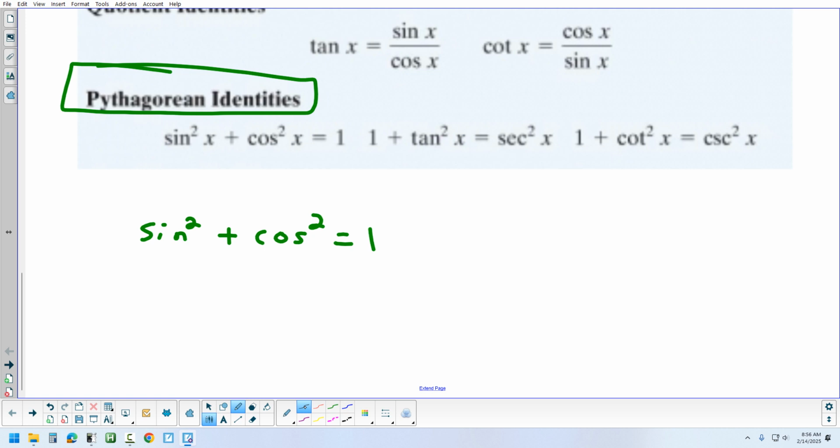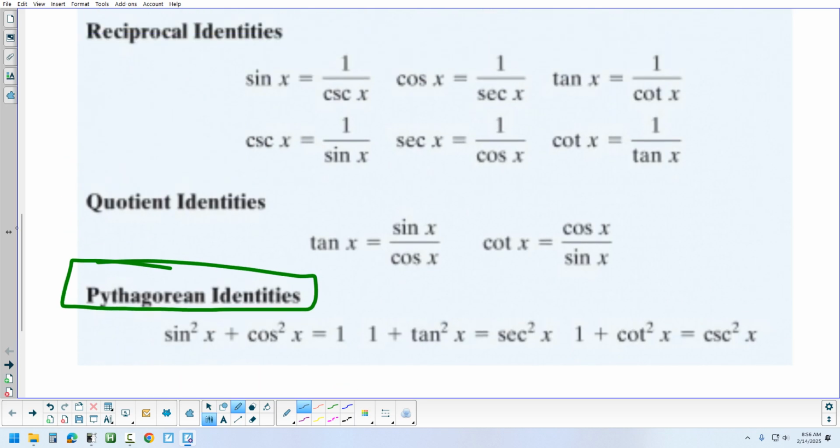If you take everything in that and divide it by sine squared, watch what happens. Sine squared, sine squared, sine squared. What's sine squared divided by sine squared? Yeah? 1. Now, we have cosine squared over sine squared.